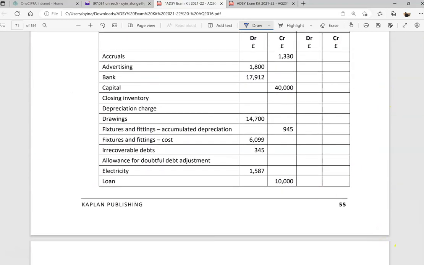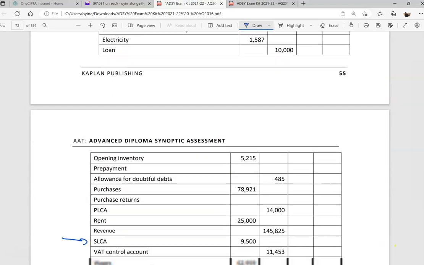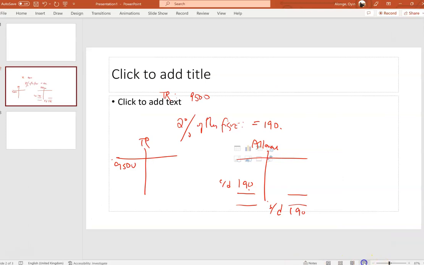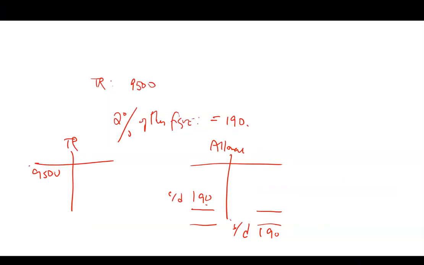Here we are. We can see an allowance of 485 from the previous year, brought down. This is the balance brought down.